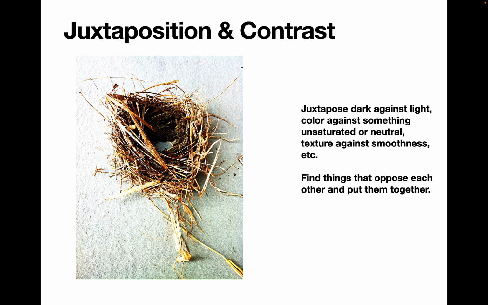And juxtaposition and contrast, which is basically just contrasting something dark against light, something that's really colorful against something that has no saturated color or is neutral. Texture is a really nice thing to contrast against something really smooth. So find things that oppose each other, and you put them together and create a more interesting composition.